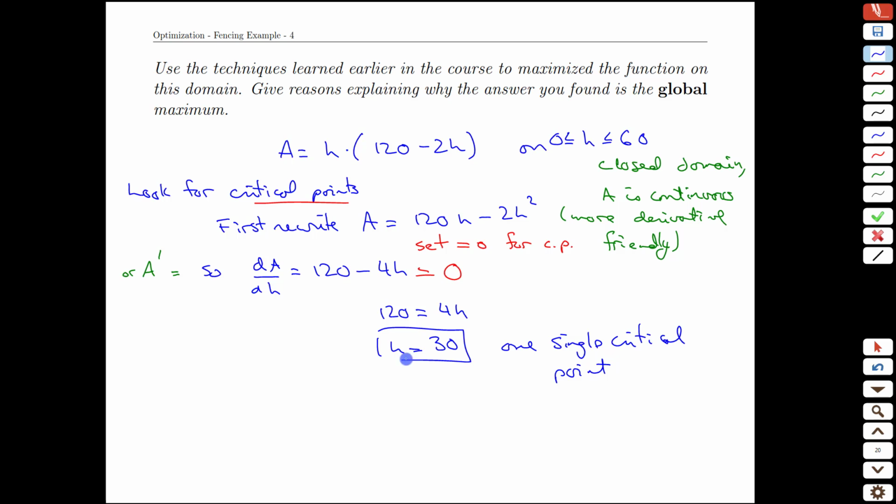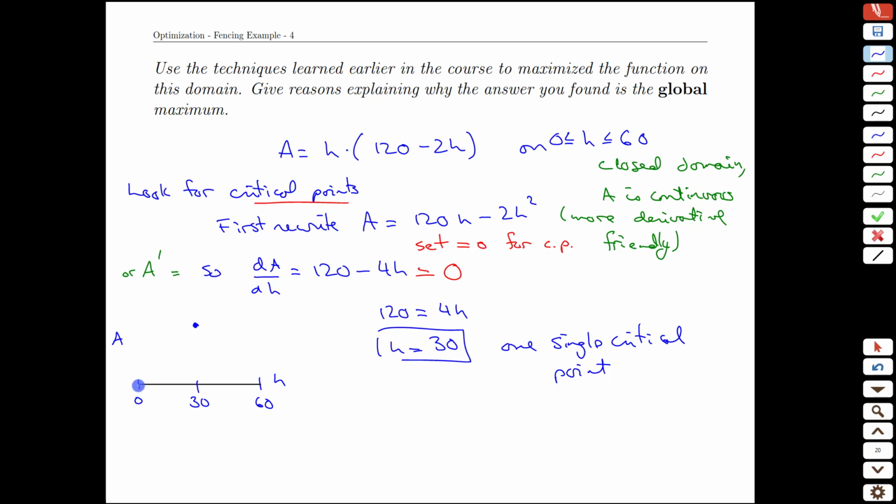Well, that's handy because now it leads us to a way to find the global maximum. We don't even need the first and second derivative tests for this because we are working on a closed interval. If we talk about h being between 0 and 60, if we sketched A, I don't know what it looks like, but I do know at 30 something interesting happens.